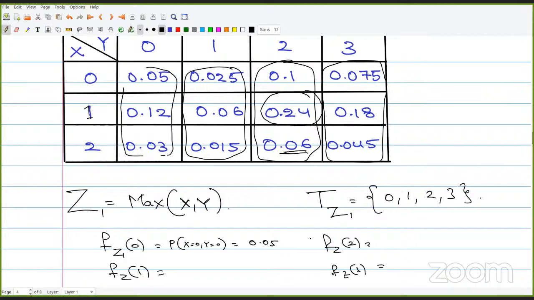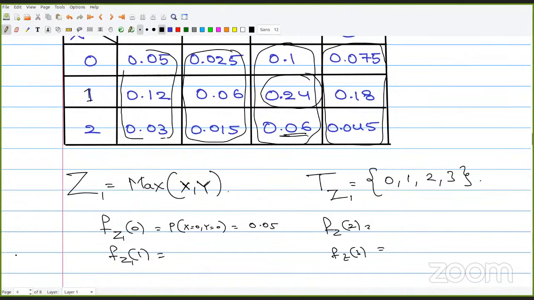Now when can this z1, max of x comma y, take value 1? 0.12 plus 0.025 plus 0.011 plus 0.06, that sums up to 0.205. There are three cases: max of 0 comma 1, max of 1 comma 0, max of 1 comma 1. These all give me the value 1, so we need to add all three.